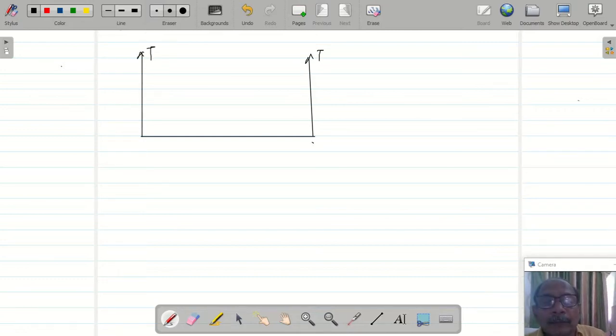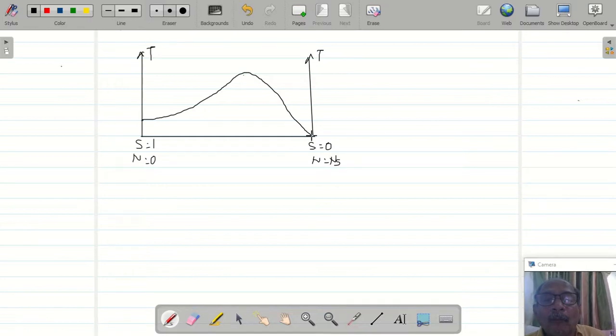This is slip equal to 0, means n equal to ns. Machine is running at synchronous speed. The slip equal to 1 at start, n equal to 0. So this is the torque characteristic I am getting here. Okay, this is the maximum torque, T max. This is the slip S equal to R2 by X2.